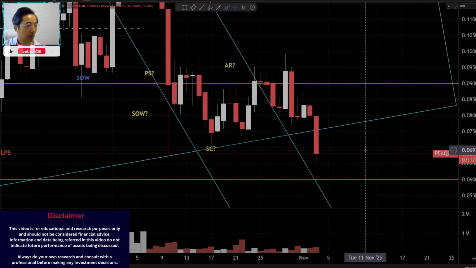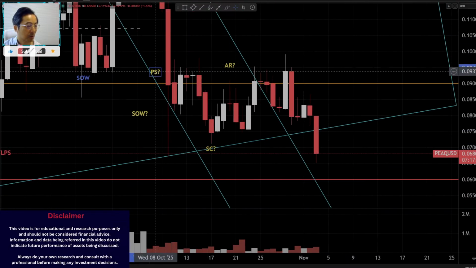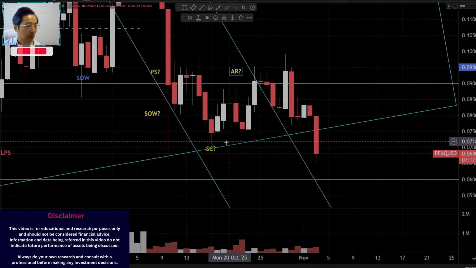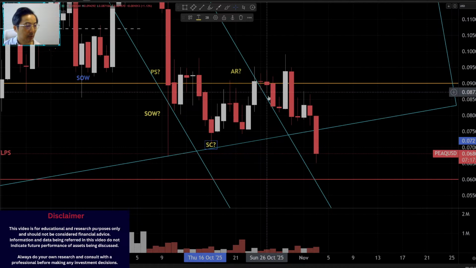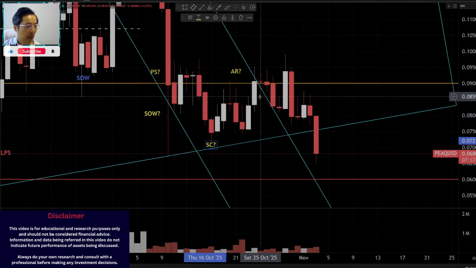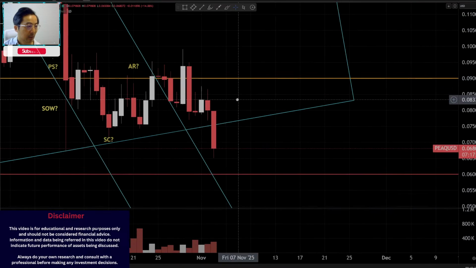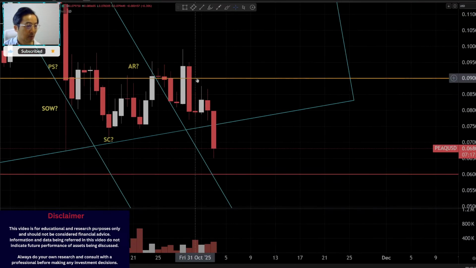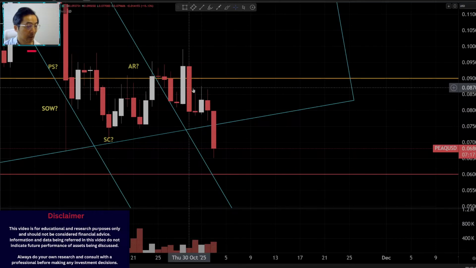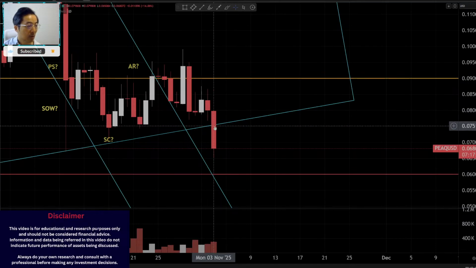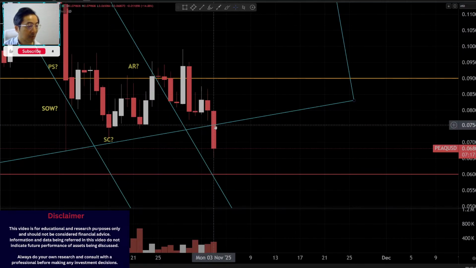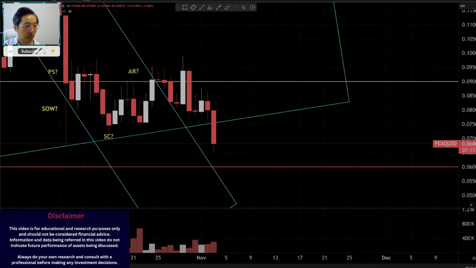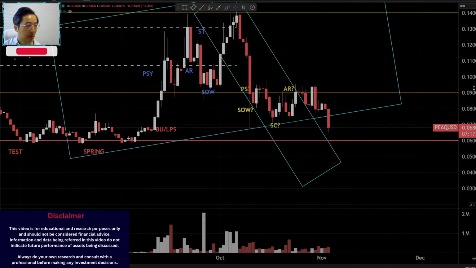So previously we talked about a potential downtrend that had formed, which the price broke out of, exiting the downtrend on the 25th, just last week. But then eventually the price tested the orange resistance line of 9 cents and got rejected. What's more important is today, this candlestick over here has fallen outside of this uptrend, the bigger blue box.